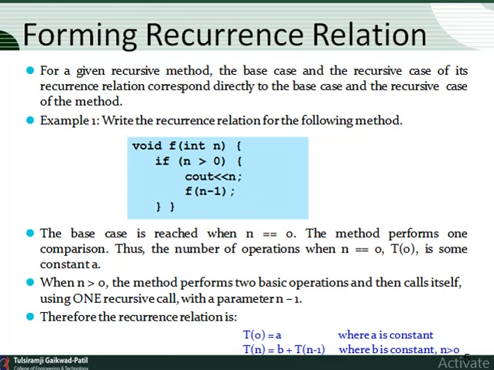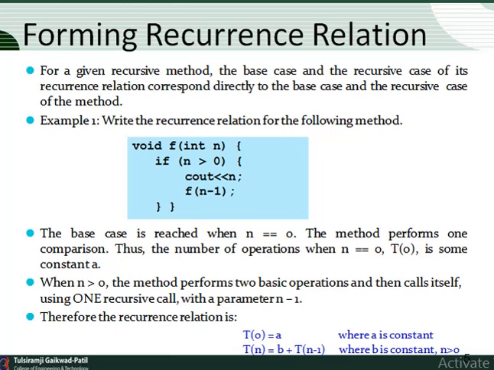When n is greater than 0, there are three different conditions: n is equal to 0, n is greater than 0, n is less than 0. Most of the time n less than 0 does not exist, so we can consider n equal to 0 and n greater than 0. The method performs two basic operations, then calls itself.